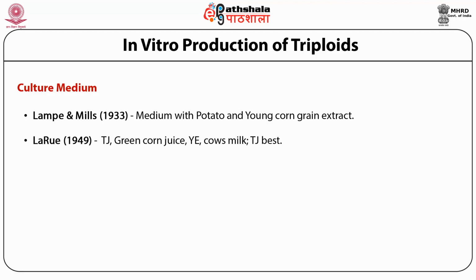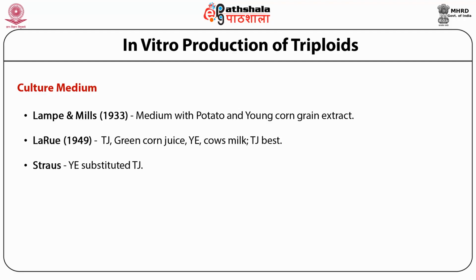But tomato juice is not a defined supplement. You don't know what it contains. So eventually in the 1950s, when Straus worked on the endosperm culture of maize, he demonstrated that yeast extract was as good as tomato juice. So one could substitute.